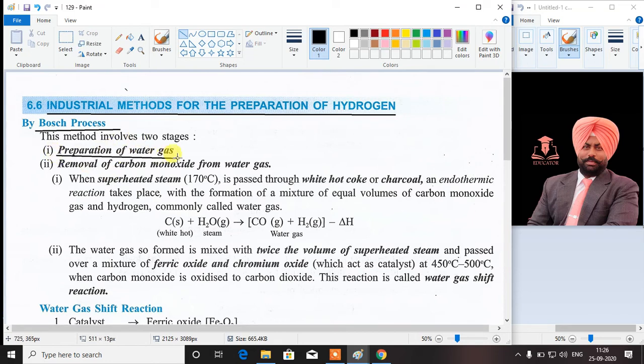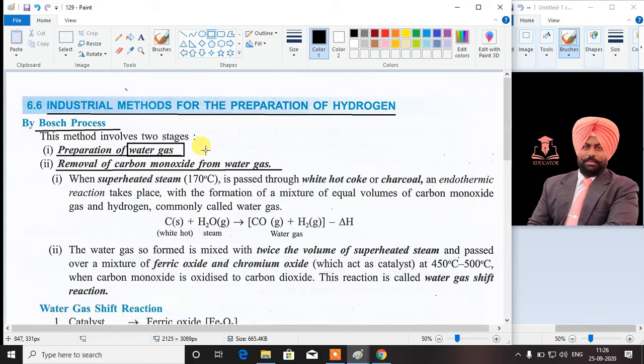The first one is the preparation of water gas, and the second one is the removal of carbon monoxide gas from the water gas. Let's study the first point, preparation of water gas. Here we have to remember that water gas is the combination of two different gases, carbon monoxide and hydrogen.